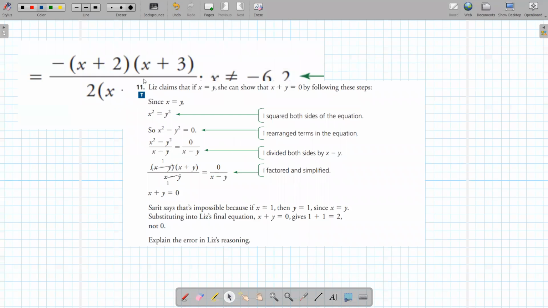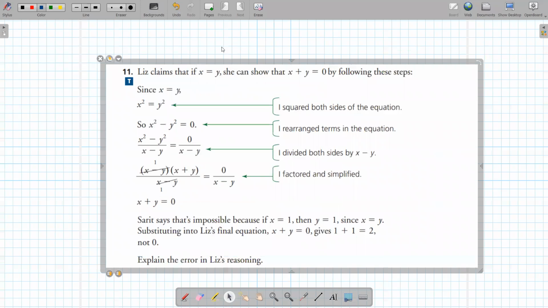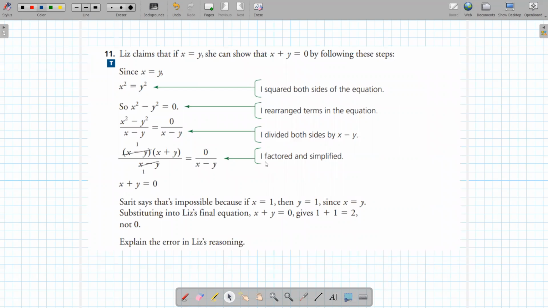T means thinking. So it's not a mathematical problem, or you don't have to do much math here. You just have to show what's going on. So what's the error here? Let's go one by one, okay?